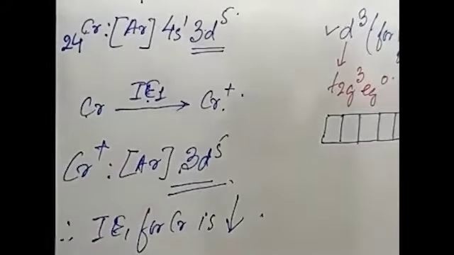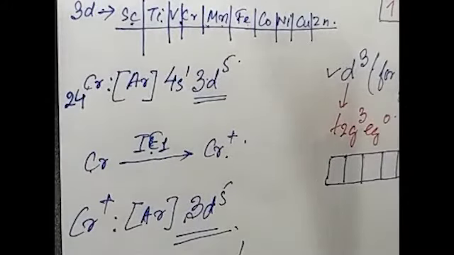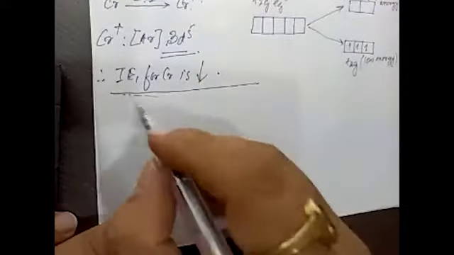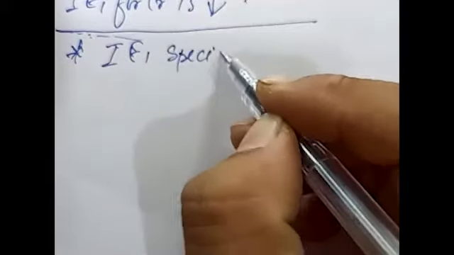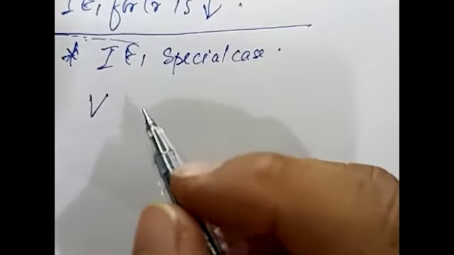So like this, there is the case of first ionization energy, and there is the case of second ionization energy. Let us discuss some of the other things also. Fine. Now let us discuss second ionization energy. IE1 we have discussed. One more important thing, this is a very new thing that happens. Special case, for example, only for vanadium it takes place.